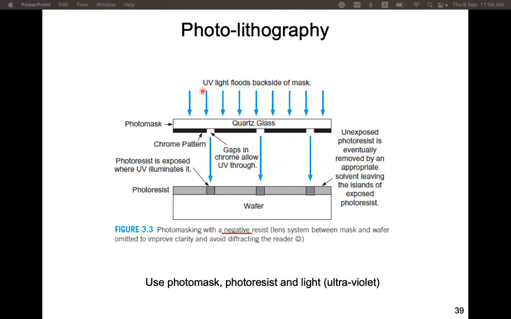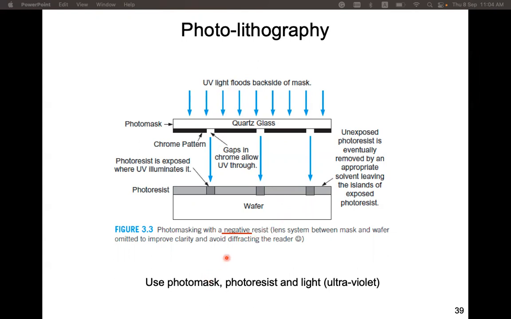The light source is usually ultraviolet or some shorter wavelength. The light goes through the patterned glass, and some regions of the photoresist are exposed to the light, some are not.